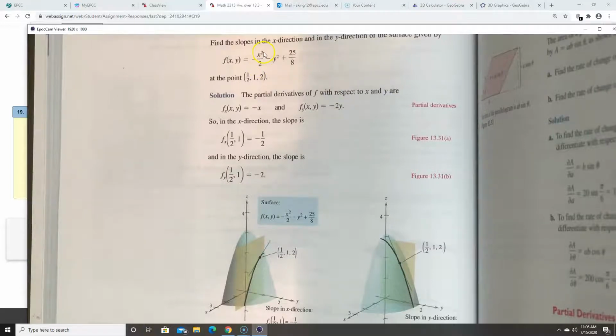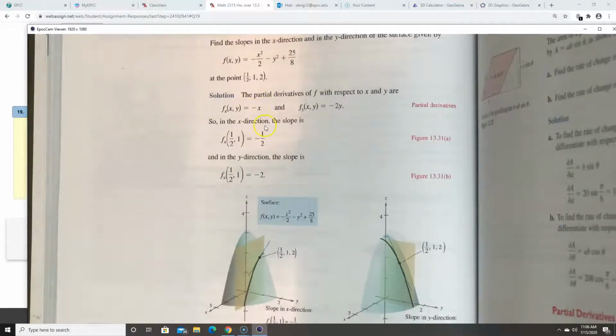X to the 2 will decrease the exponent by 1, so the 2 decreases by 1 unit, and you get x to the first power. So you bring down the 2 times the negative 1/2, which is already there, and that becomes a negative 1 x to the first power. Negative 1 x to the first power. Or you just say negative x. So that is the partial derivative with respect to the x direction.